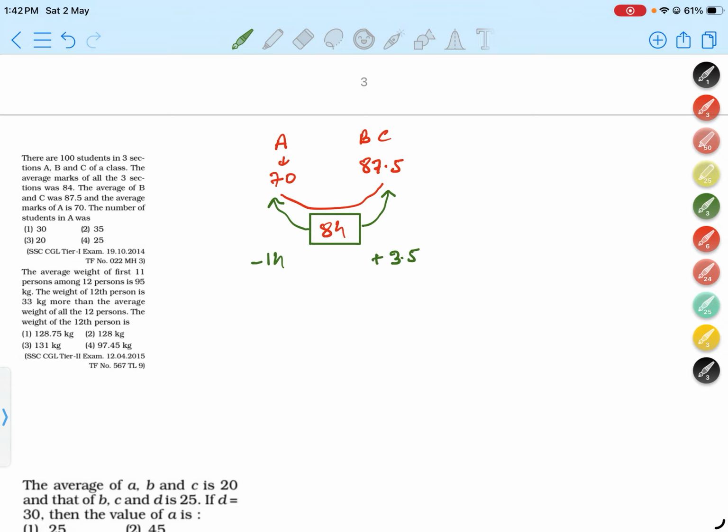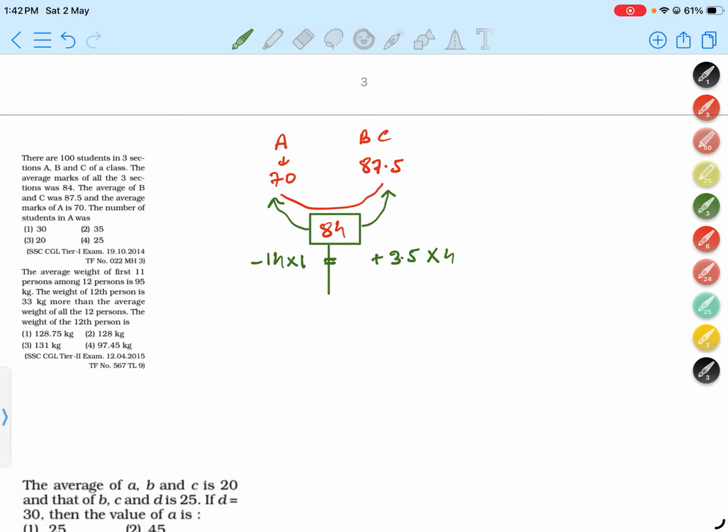How much should I multiply on both sides so that they become equal? Here we know that 14 is 4 times 3.5. So if I multiply this side with 4 and this side with 1, these two will be equal, and we need both sides to be equal in case of deviation, because the average is already given.